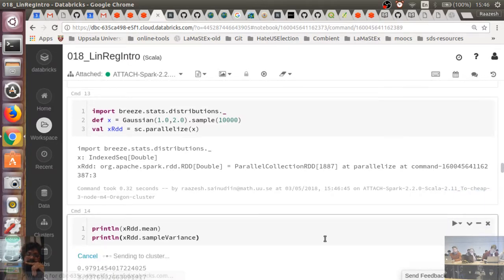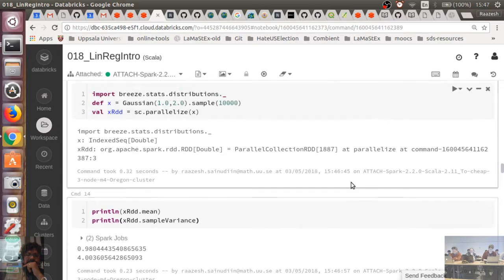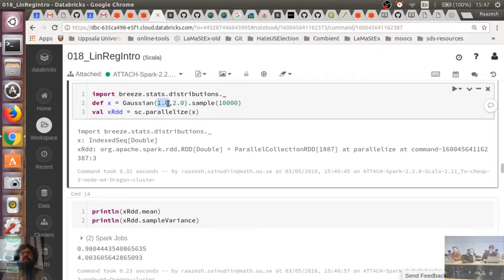So we can call the mean and sample variance methods and see what they are. The mean is 0.98, so you see it's close to what I specified as the mean of this random number generator.